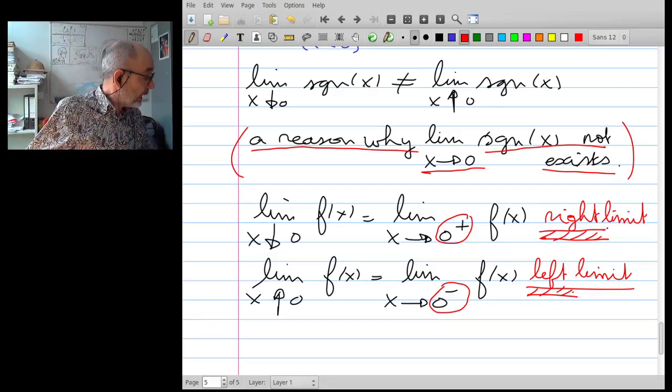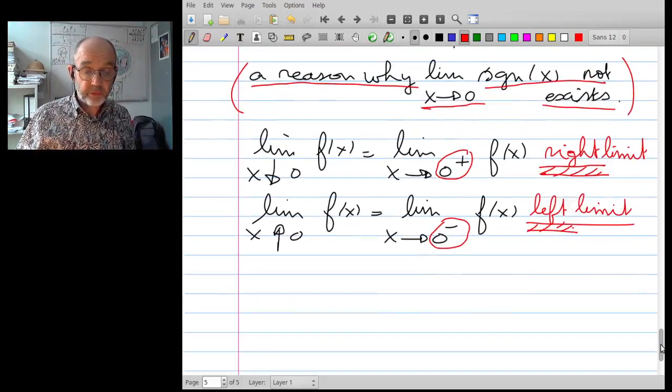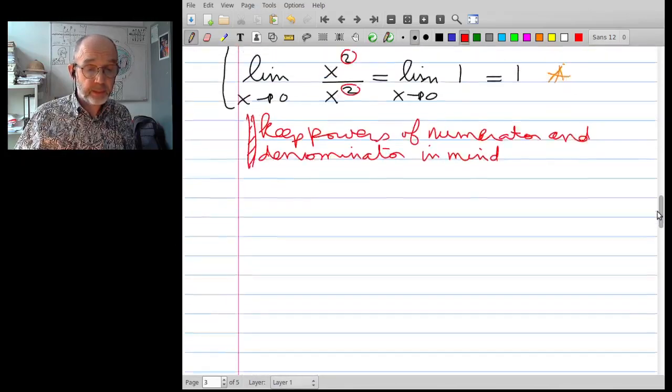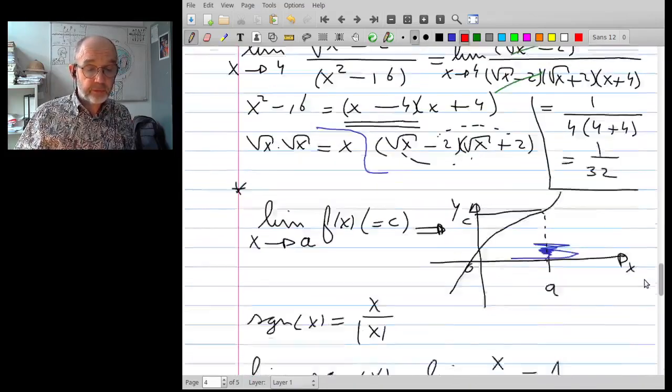Now, there I want to stop with those limits as a first introduction to limits, and then later on, the next time, we go further with those limits.